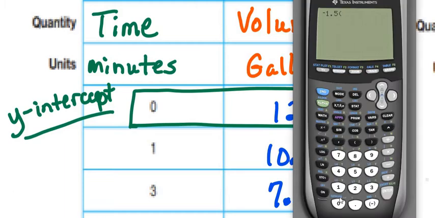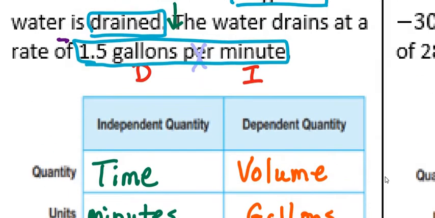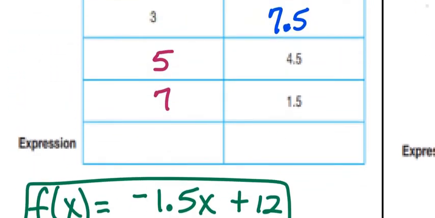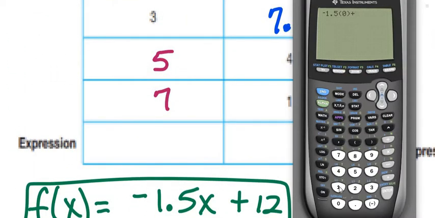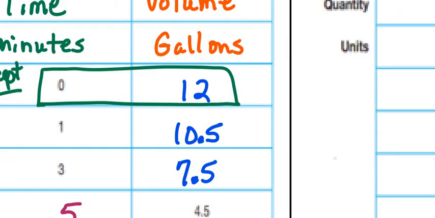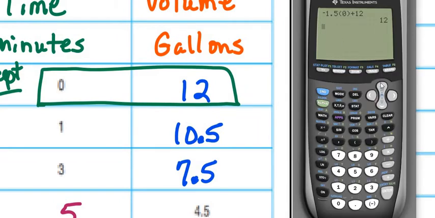So 0 parentheses plus, and it was 12. Now I'm going to come up with my answer of 12. This is where we started from. I'm going to do each one of these others. I'm going to cursor back up here, hit enter.